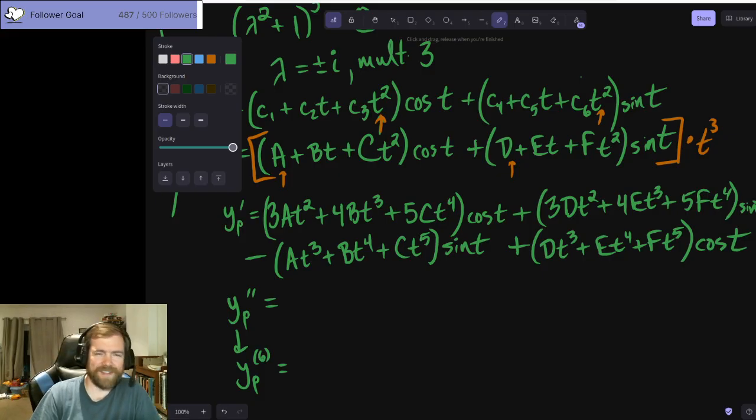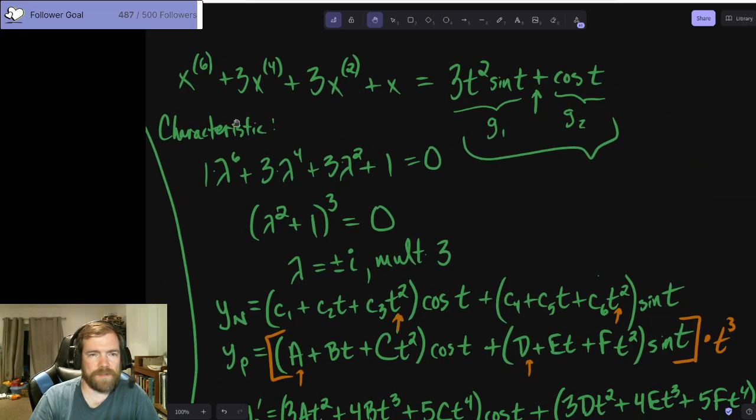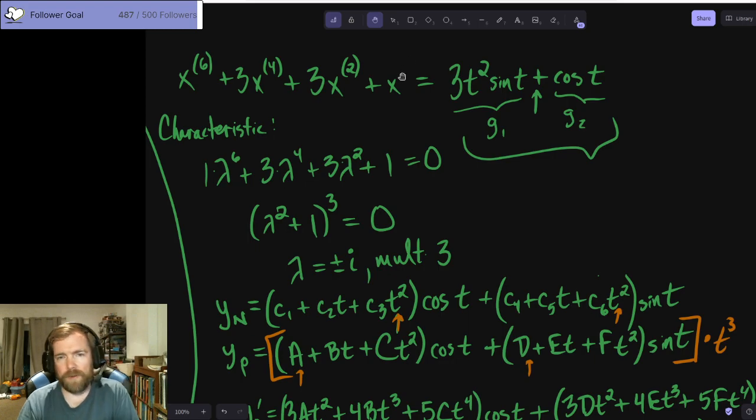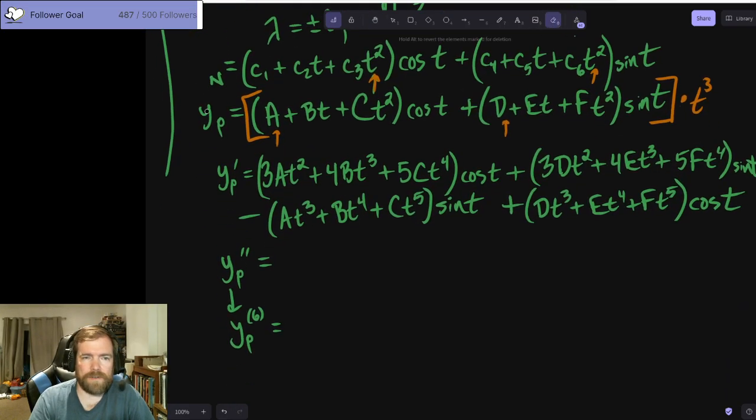But then we get to plug in all the even ones up top into the original differential equation, and we eventually find out the sixth, fourth, second derivatives, and zeroth derivative, the original x. That was not supposed to be y's all over the place. Those were supposed to be x's. Cool. I've been using y all night, so makes sense, I suppose.